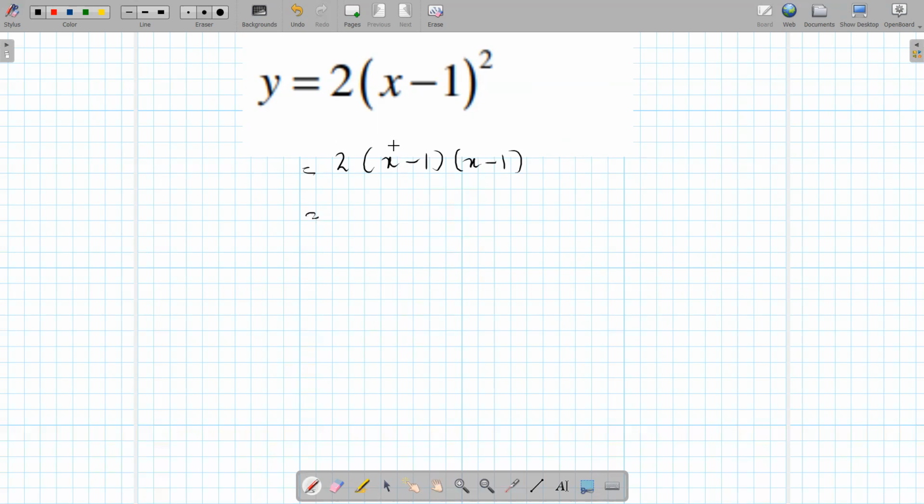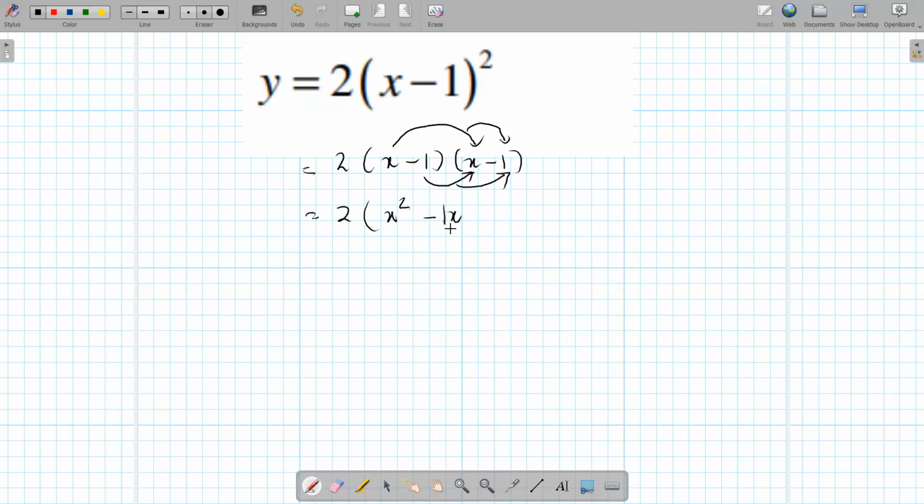And now we're going to go this way. Eventually the 2 will come in once we've opened the brackets. So 2 is still on the outside. What do we get on the inside? X to the power of 2. All right. And what's the next term? Minus 1x.